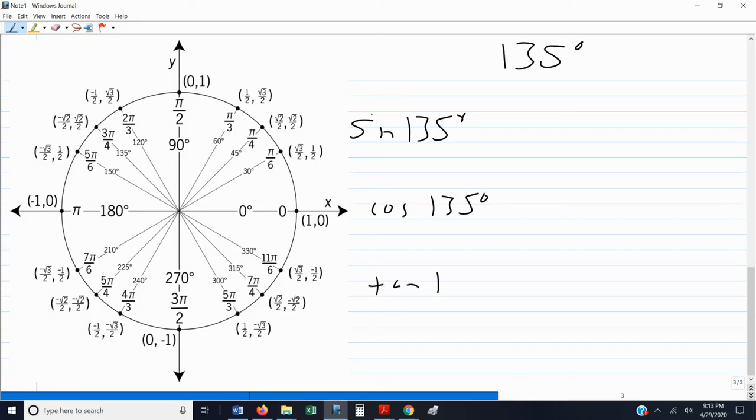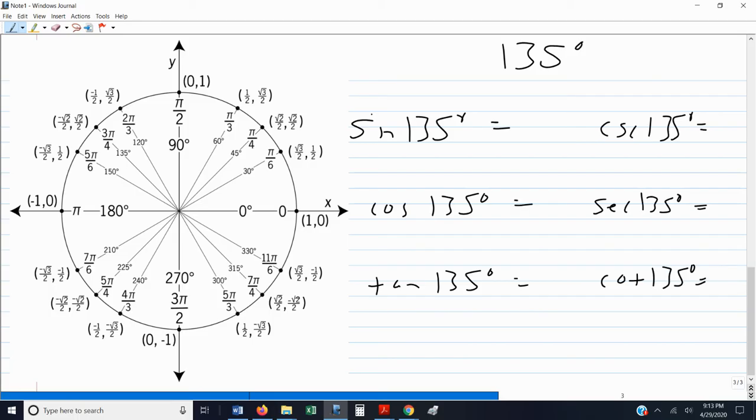If you want me to walk you through the steps, I'll go ahead and do that, but you can feel free to pause and try this on your own. What are the reciprocals? What's the reciprocal of sine? Cosecant. What's the reciprocal of cosine? Secant. And what's the reciprocal of tangent? Cotangent.